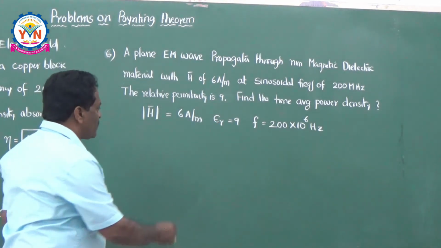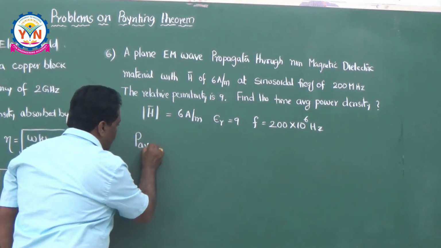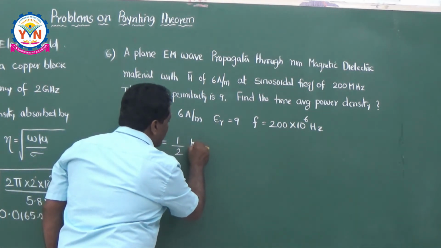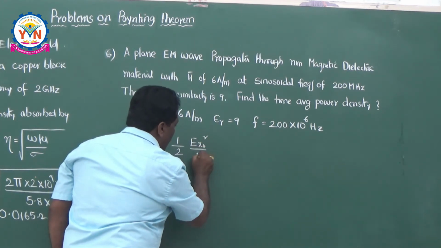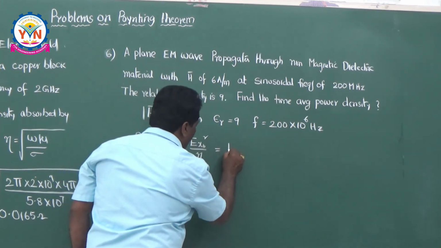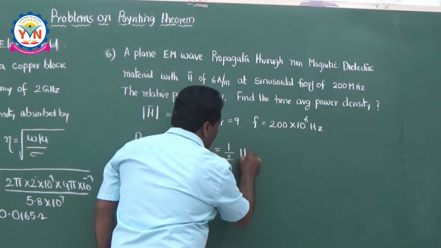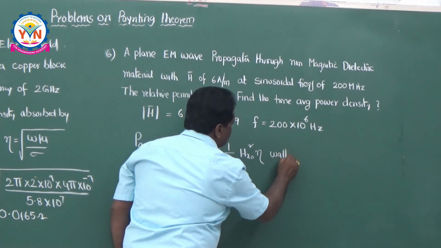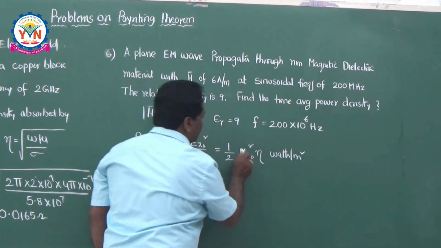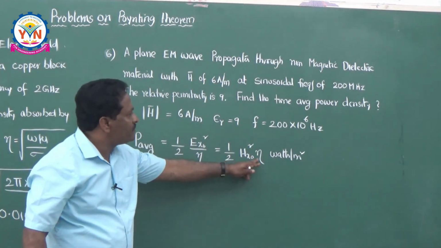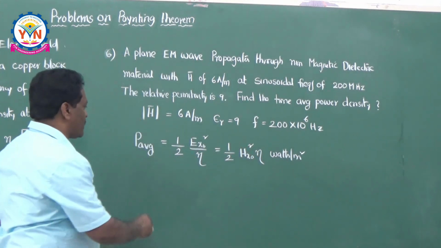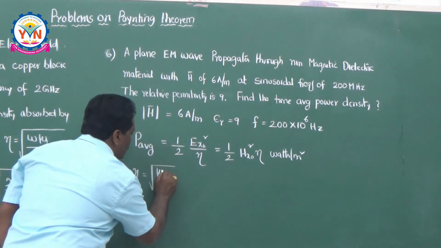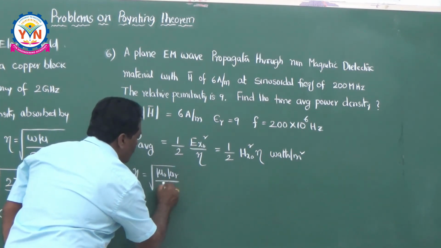You know, as usual, time average power P average is equal to half into Ex naught square by eta, or otherwise you can write here that is also equal to half into Hx naught square into eta watts per meter square, because in this problem he has given H. But how to find out eta? And eta can be calculated as eta is equal to root of mu naught mu r by epsilon naught into epsilon r.